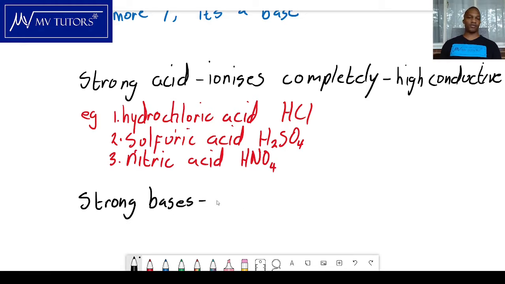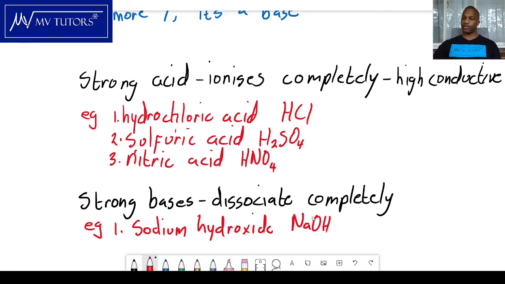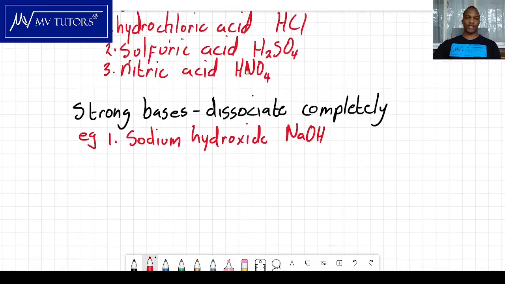If strong acids ionize completely, then strong bases also ionize completely, but we use the word dissociate. So they dissociate completely. Three examples you must know about: sodium hydroxide, which is NaOH.